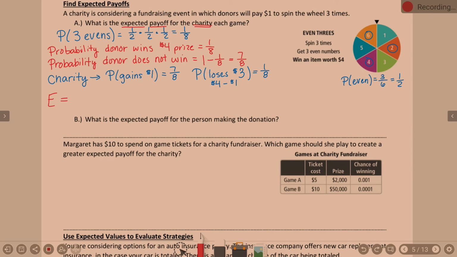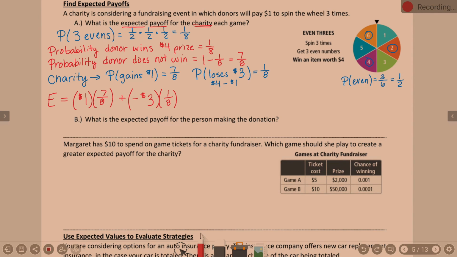Plus, they could lose $3, and that chance is 1/8. So we multiply those pieces together: $1 times 7/8, plus negative $3 times 1/8. That's how you find your expected payoff.